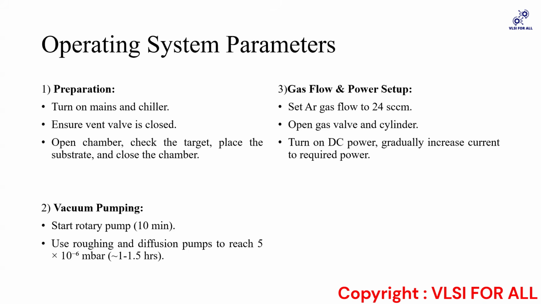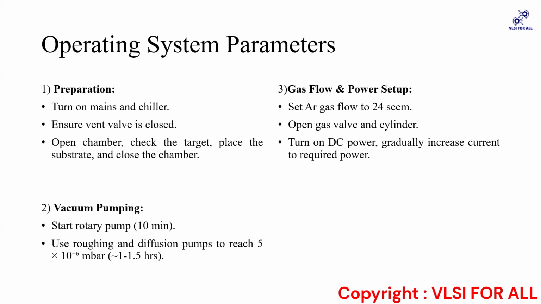Then we have to check the target and close the chamber. Then we have to set the gas flow pressure, and make sure it is up to the limit and the time we require to maintain the temperature and to control how long we want to sputter on the device.